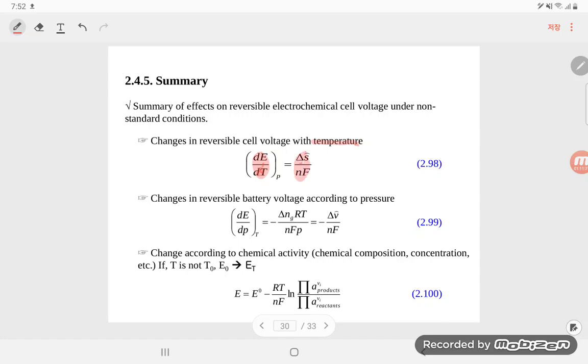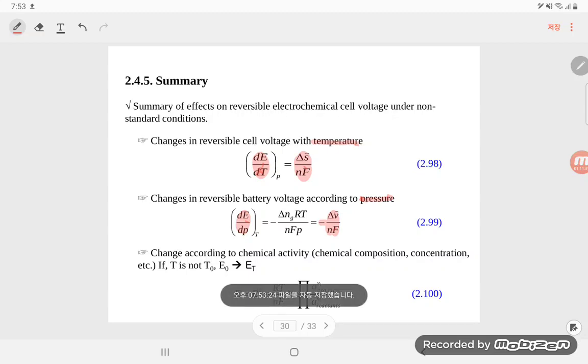And there is also pressure. The pressure effect is expressed like this. But as I said, these values are not that significant. But for accurate prediction, we should consider these two parts.